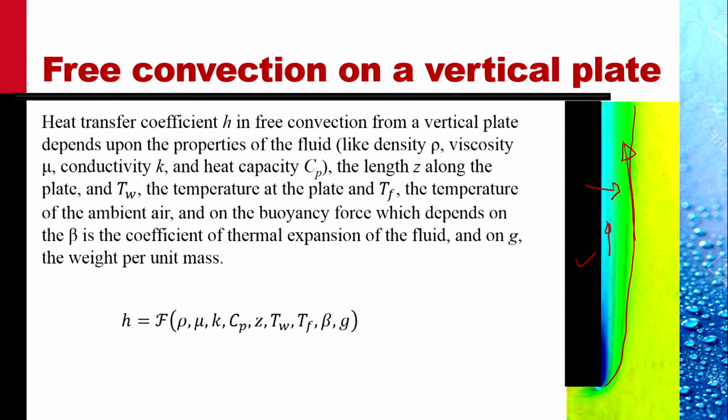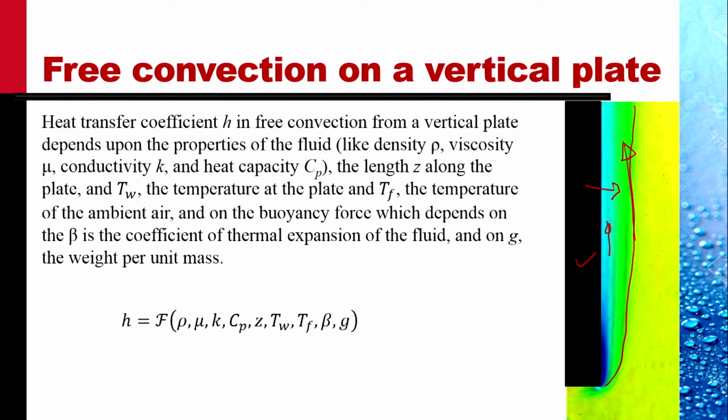And it also depends on the buoyancy force, which depends upon beta, the coefficient of thermal expansion of the fluid, the fractional rate of change of density with the temperature, and of course on g, the weight per unit mass, the acceleration due to gravity.